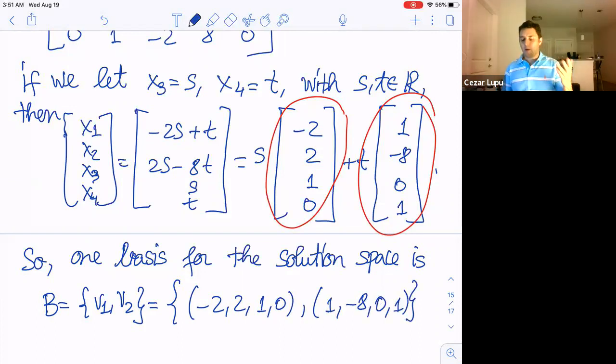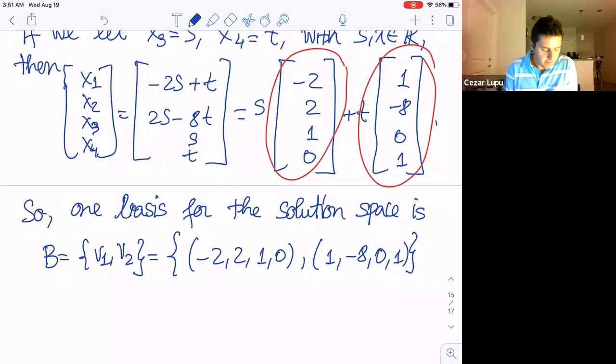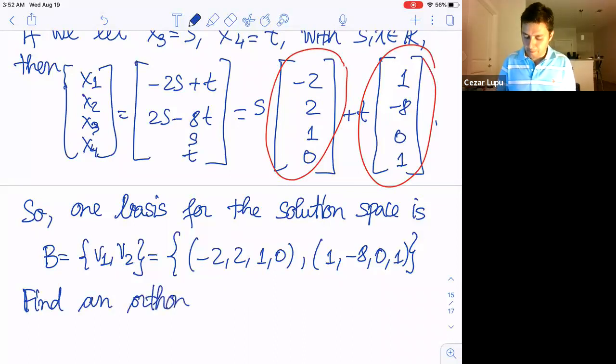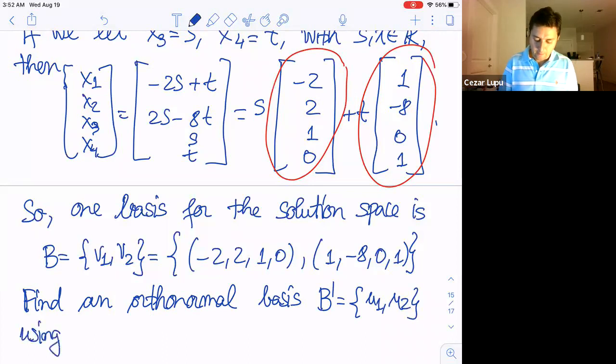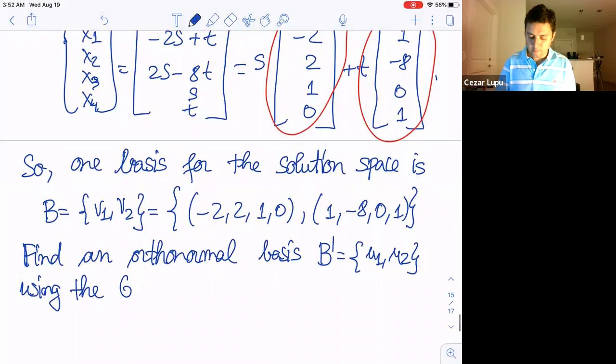Okay, and now I'll leave it to you as an exercise. Find an orthonormal basis, let's say P prime, which will consist of these vectors U1, U2, using the Gram-Schmidt procedure.